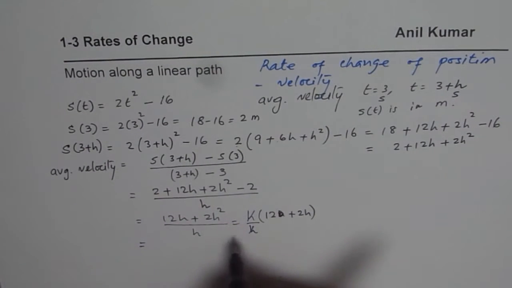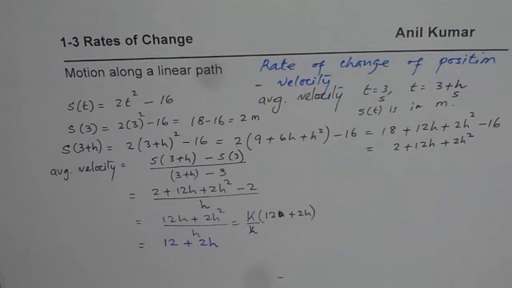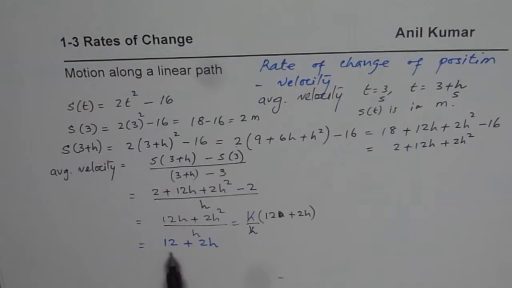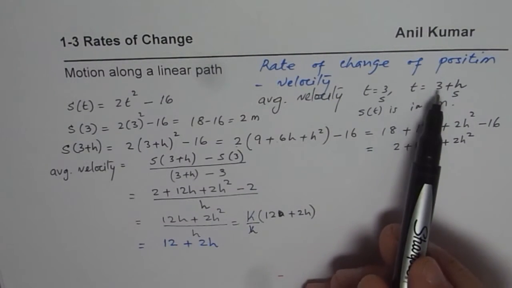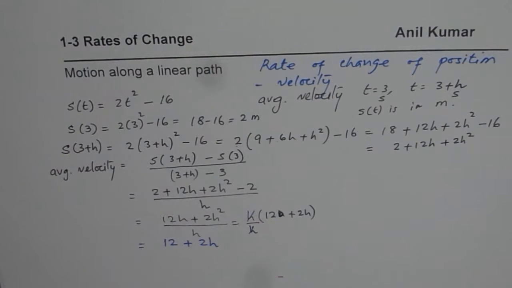So 12 plus 2h is the expression for average velocity between t equals 3 and 3 plus h.